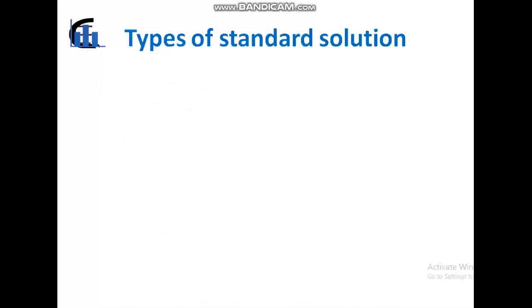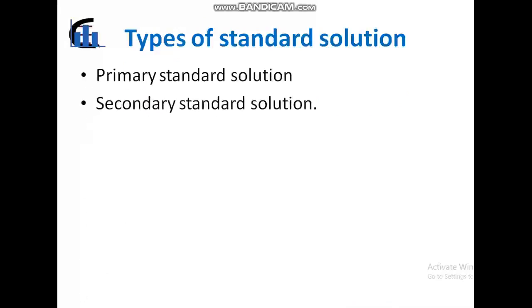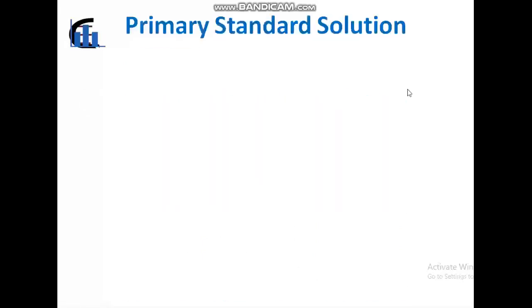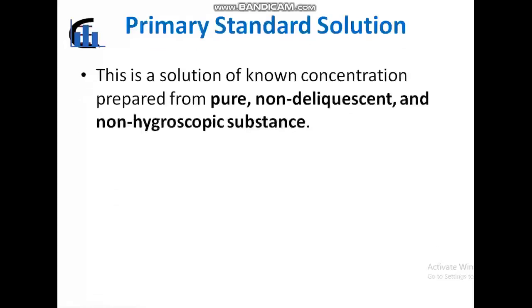Types of standard solution. We have primary standard solution and secondary standard solution. Let's look at primary standard solution. This is a solution of known concentration prepared from pure, non-deliquescent and non-hygroscopic substance.